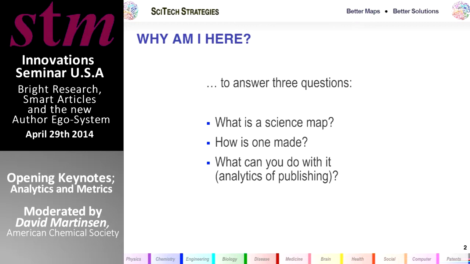The first is, what is a science map? Second would be, how do you make one? And the third is, once you do all of that, what can you do with it? I'm going to spend only a little bit of time on the first two questions. Most of the talk will be looking at some examples on how to answer the last of those questions, the actual analytics involved in looking at a map of science.